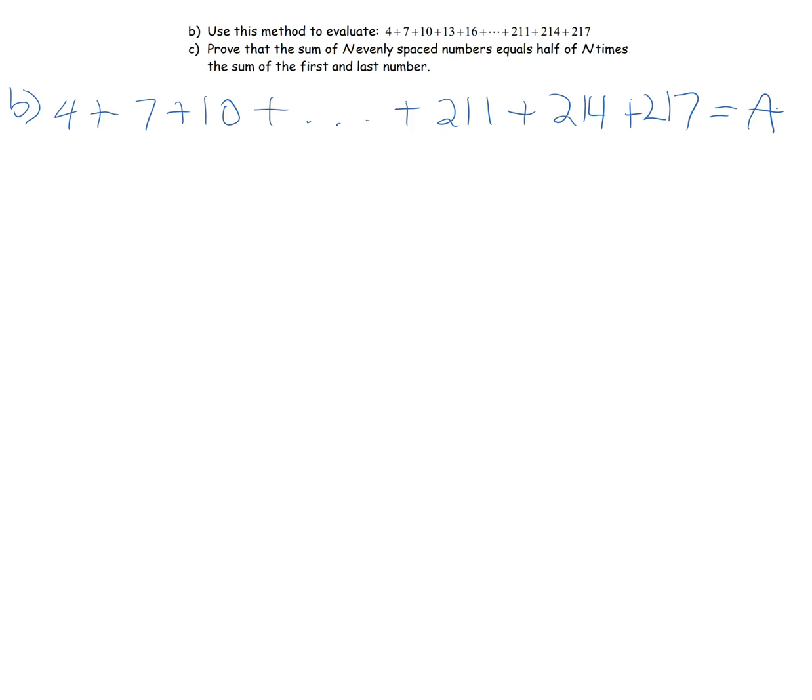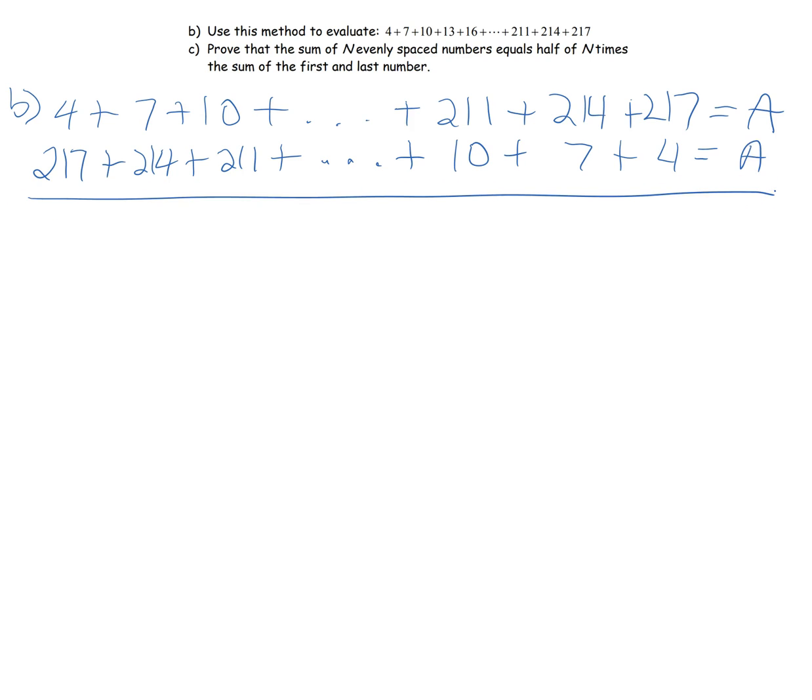And I'm going to write these numbers backwards. So I have 217 here, 214, 211, all the stuff in the middle, and I get plus 10, plus 7, and plus 4 equals our answer.